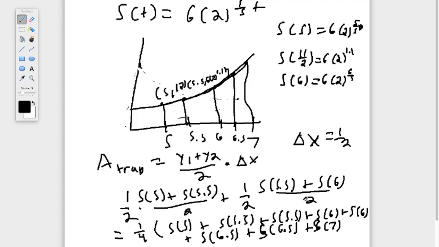These should be s's, not sixes. Basically, when you plug everything into your calculator, you should get around 27.668, and this is for part C.